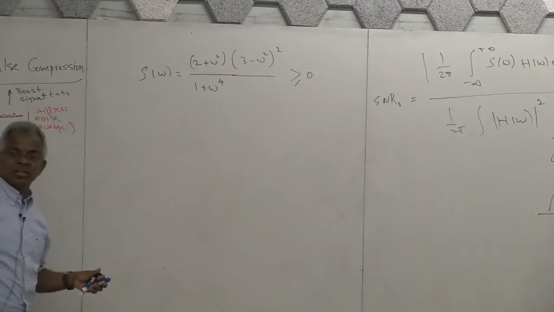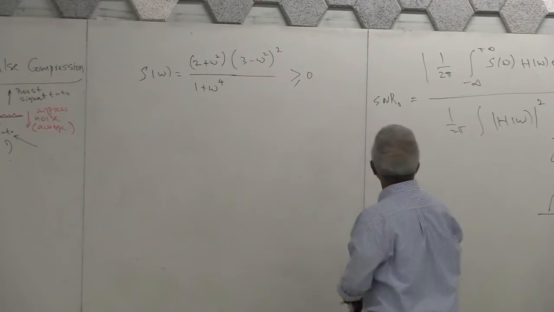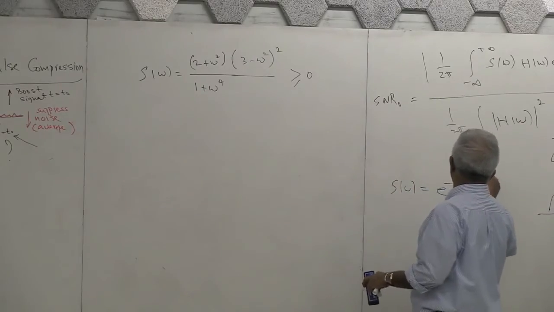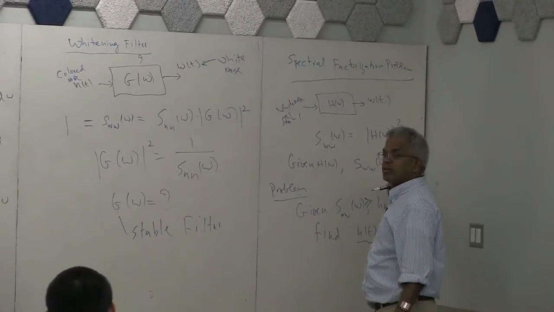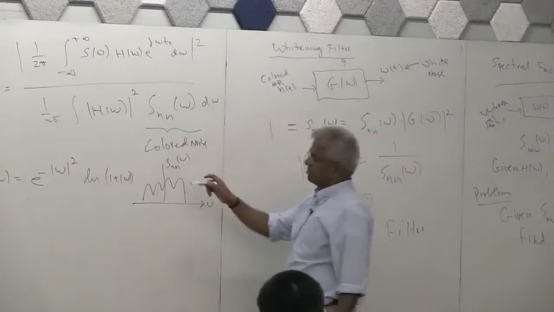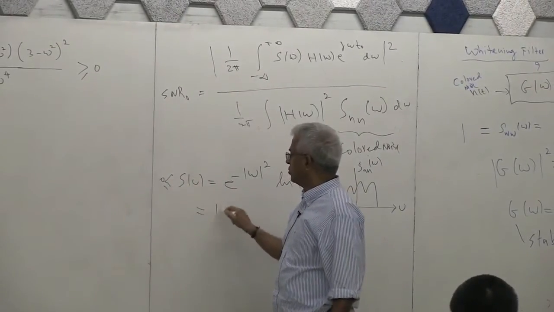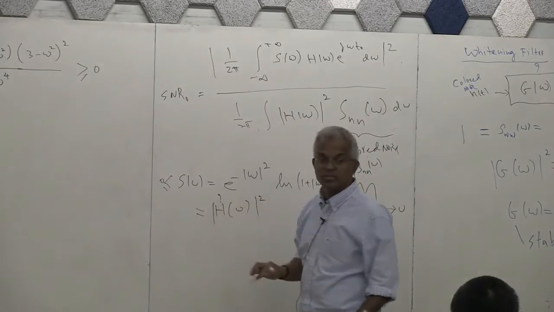These are called rational spectra because everything is in terms of rational functions of omega. Of course, the same problem: suppose I write it like this. This is also a spectrum, but trying to write this like this is the $24 problem. The other one is easy, so I'm not going into it; this is the real challenging problem. If you write an arbitrary function which is non-negative, how do you find the system behind it so that I can write it like this? How do you find h?